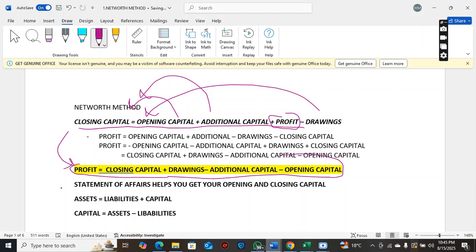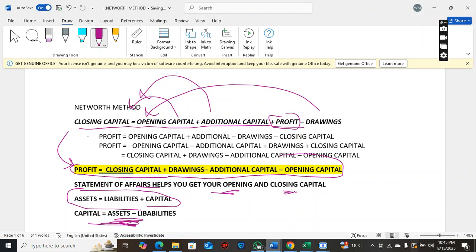Then for statement of affairs, it's this one here. Assets equals liability plus capital. You make capital the subject of the formula, becomes assets minus liability. Because this statement of affairs helps you get your opening and your closing capital.